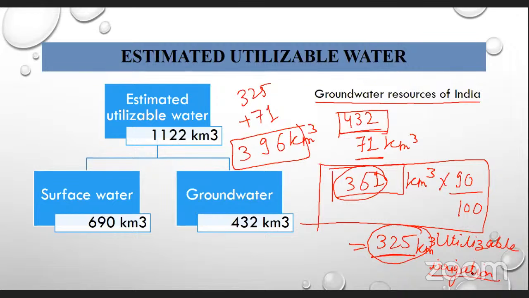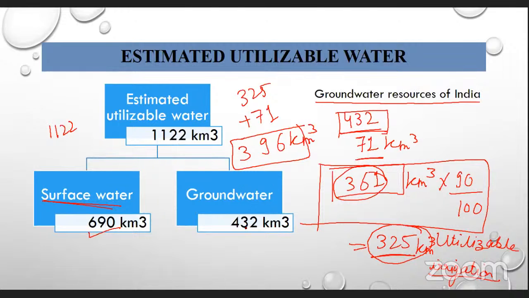Okay, I'm just repeating once again: out of your 1122 kilometer cube, the water we use on the surface is only 690 kilometer cube. But the rest of the water flowing in the rivers percolates or infiltrates as groundwater, and that is 432 kilometer cube.